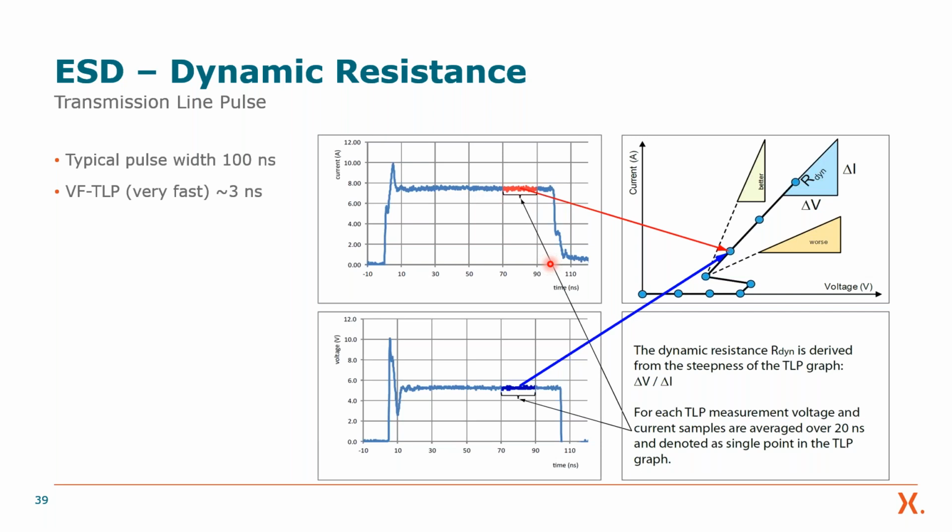There's also an option called very fast TLP, which is a shorter one, to have a closer look at the turn-on behavior. But this is for 95% of the interfaces not relevant, but it becomes interesting if you look at really advanced and high-speed cutting-edge technology. But especially in automotive, usually it's not of importance because everything is rather robust.